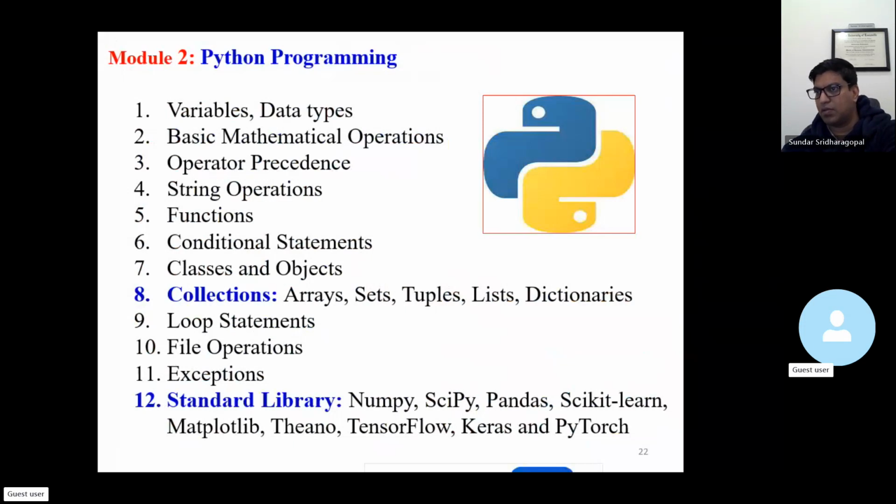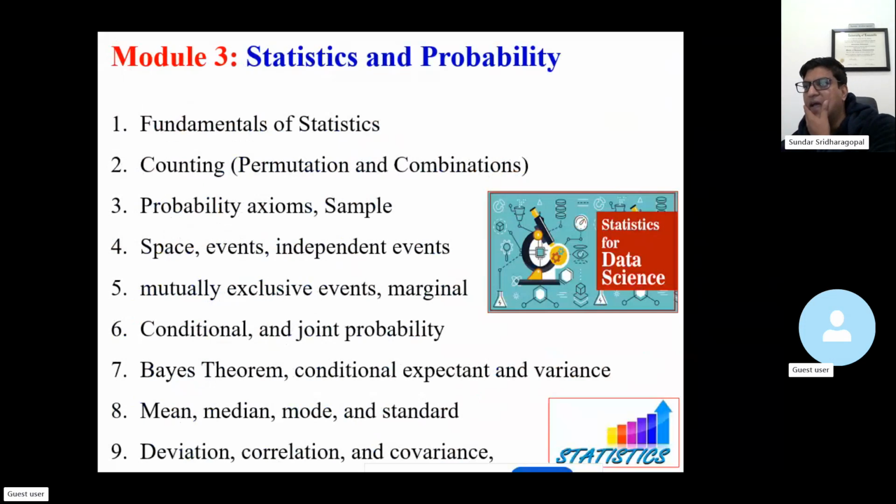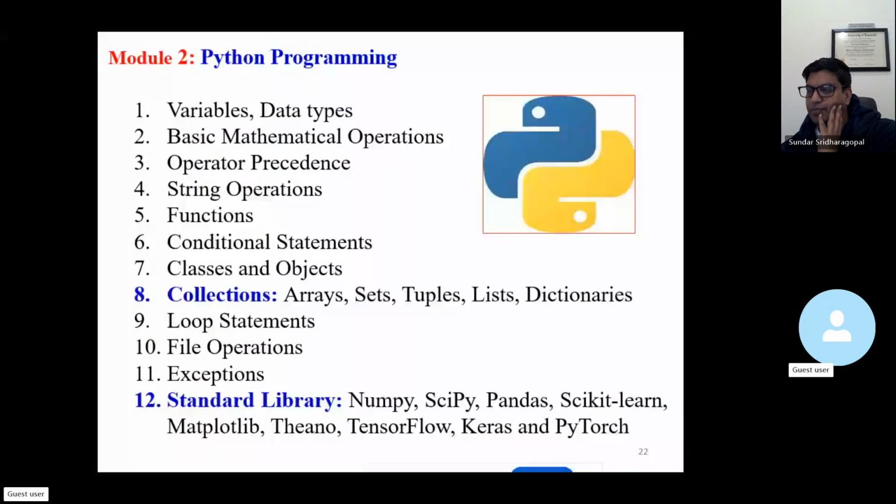Then what about statistics and probability? One question. The last one is the Microsoft one, PyTorch? Yes, yes.